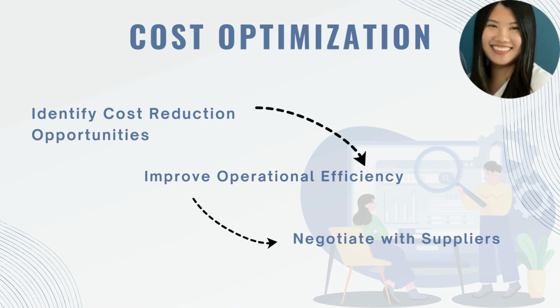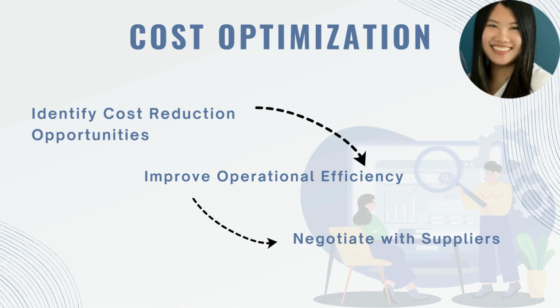Now, here we have negotiate with suppliers. This step focuses on leveraging your purchasing power and market knowledge to secure better terms and pricing from suppliers. This might involve volume discounts, long-term contracts, exploring alternative suppliers, consolidating purchases, value engineering, and payment terms negotiation.